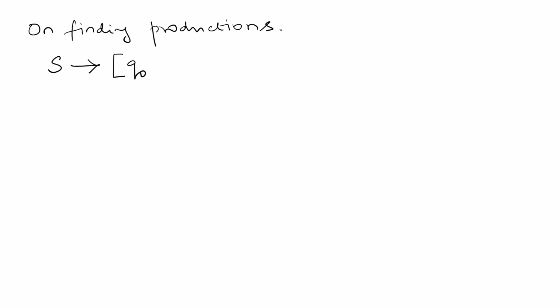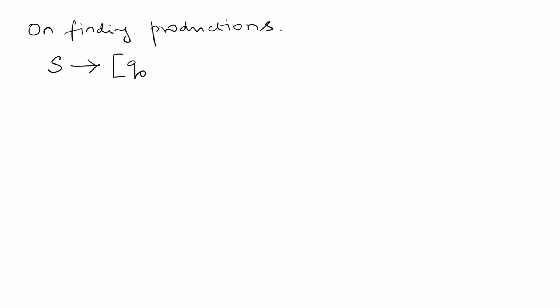On finding the productions for the grammar, the first thing is to find the production for the start symbol. So S goes to, we want to take the variable from the start state of the PDA. What is the variable from the start state of the PDA?